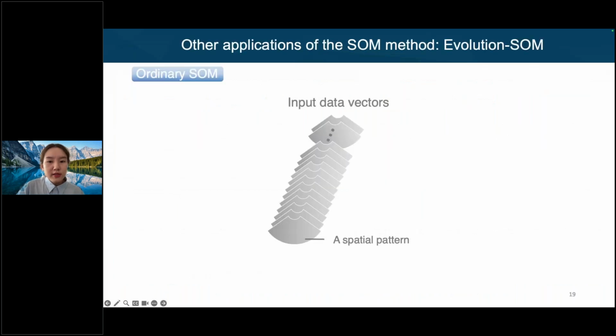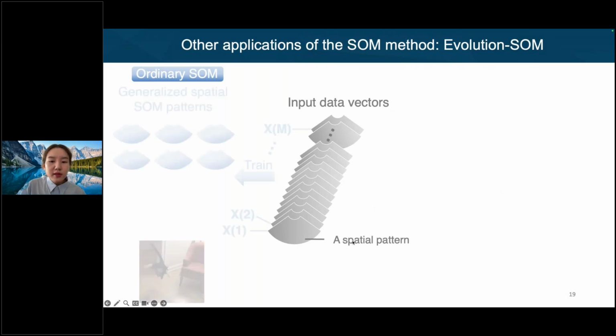Because this webinar focuses on AI applications, I will also take a moment to briefly expand on the SOM method itself, and talk about some other applications of the SOM method. As I showed in today's talk, each input data vector for an ordinary SOM contains a spatial pattern at a single time step.